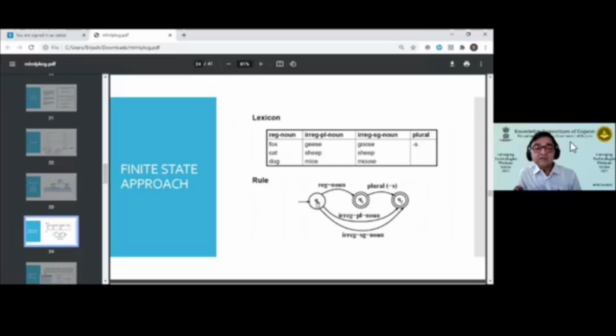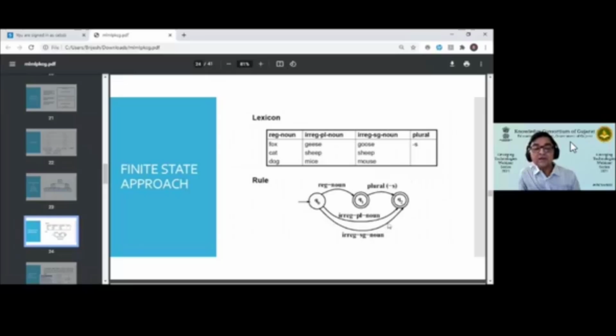So we build a finite state model like this, with Q0, Q1 and Q2. We are in 3 states. When you see a regular noun, you go from Q0 to Q1 and accept the word as a singular word. When you see a plural marker S, you accept the word and go to state Q2 and call it a plural word. But this rule won't work for irregular plurals or irregular singulars.